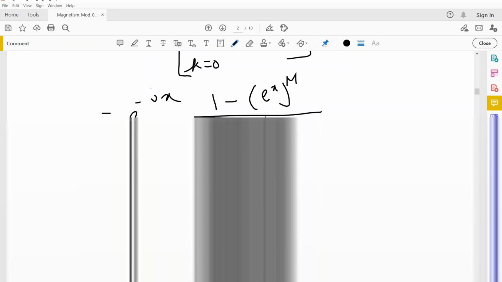So that's the z direction of the magnetic moment operator. That's how we define the magnetization, because every atom along the z-axis has some magnetic moment, which is mu z hat, and that's an operator, and you are just multiplying by the number of atoms to get the total magnetization.